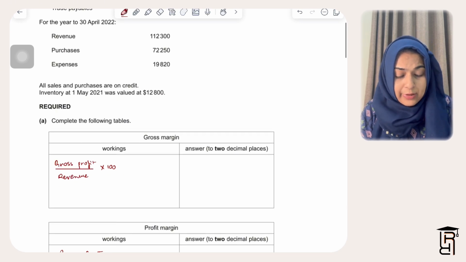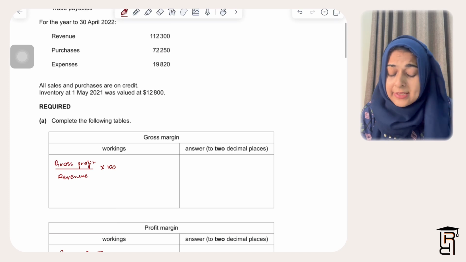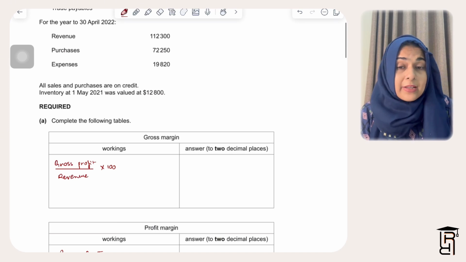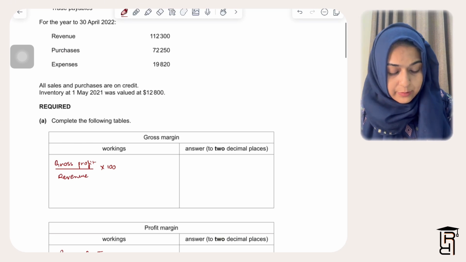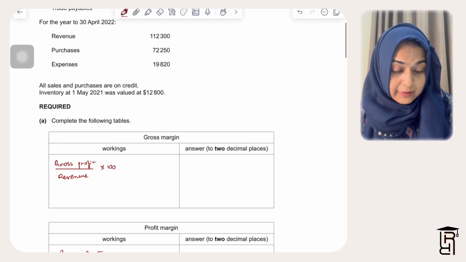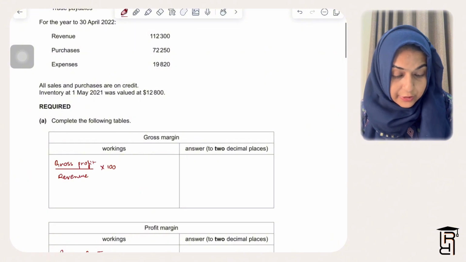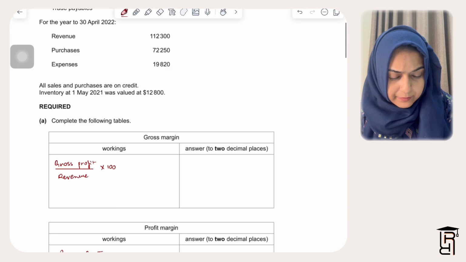So first I need to calculate my gross profit. I know my revenue, my opening inventory, my purchases, and my closing inventory, so I can see the formula of cost of sales here. So I will calculate my cost of sales. Opening inventory is 12,800 plus purchases is 72,250 minus closing inventory is 14,650.